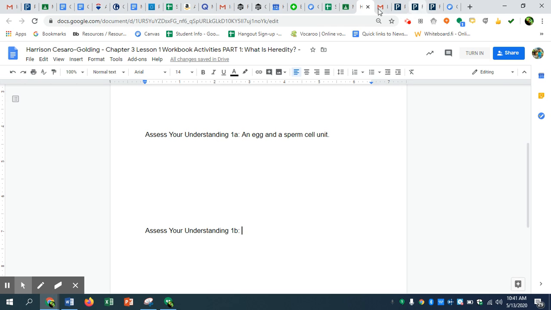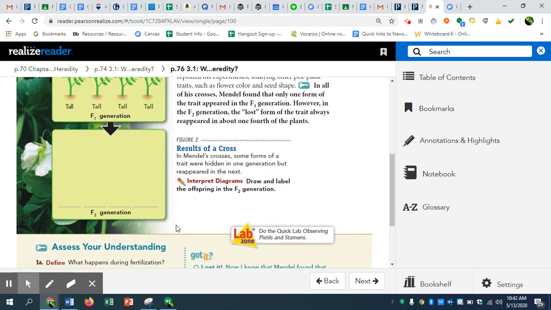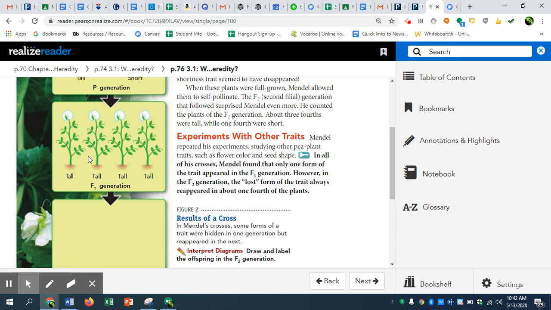All right. And then B, okay, 1B says compare and contrast in Mendel's cross for stem height. How did the plants in the F2 generation differ from the plants in the F1 generation? So remember, in the F1 generation, all four of them showed the trait for tall.